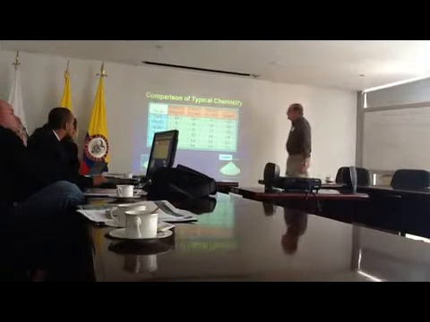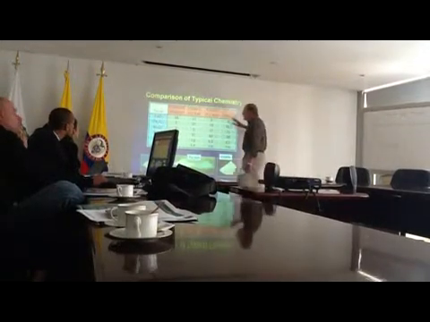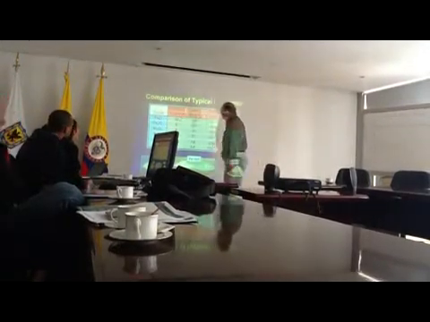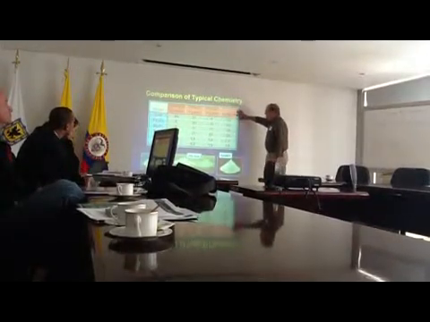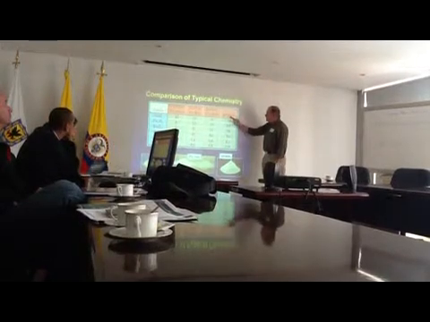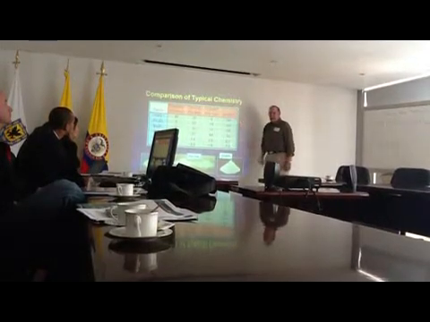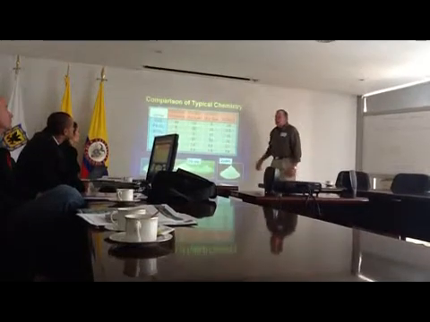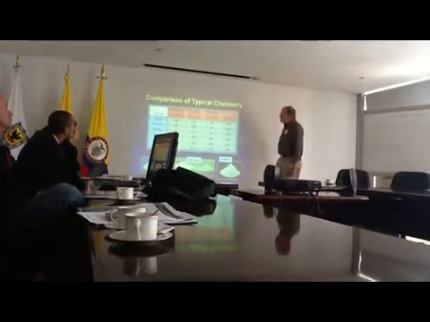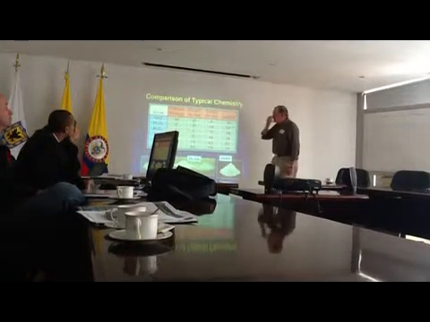Here we have a comparison of the Portland cement, Class C fly ash, Class F ash, and ground granulated blast furnace slag. Okay? And in a lot of countries, all of these are available.